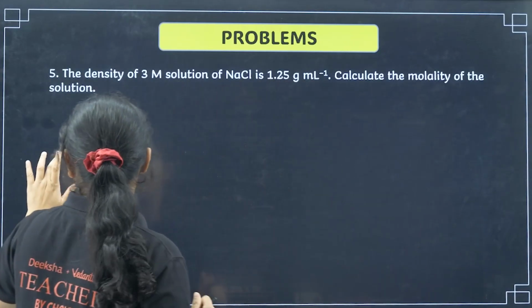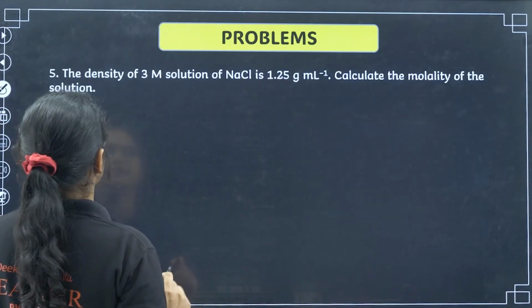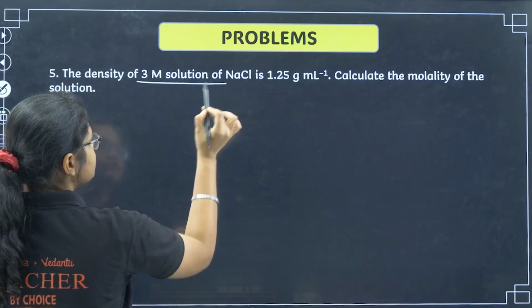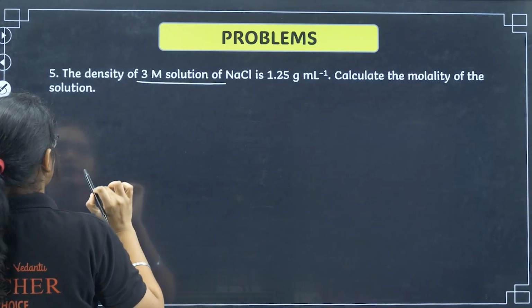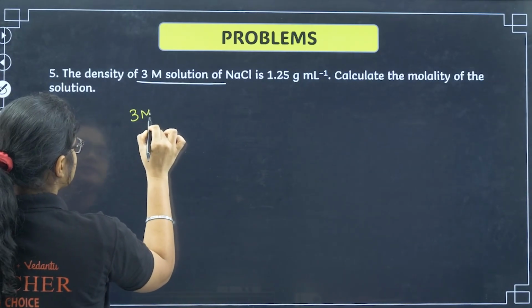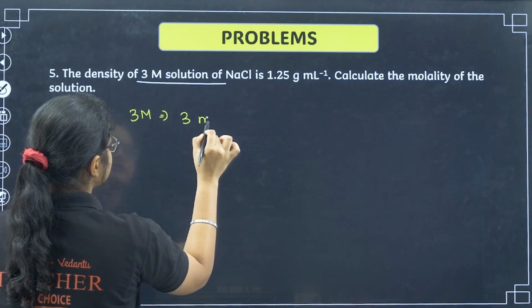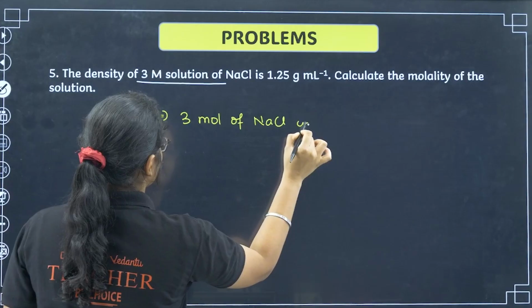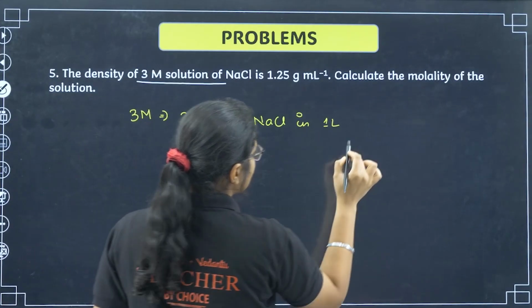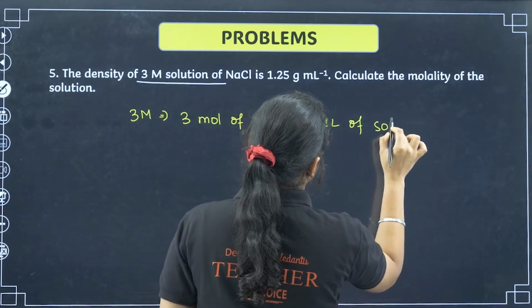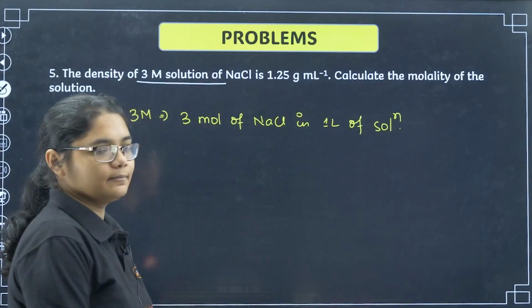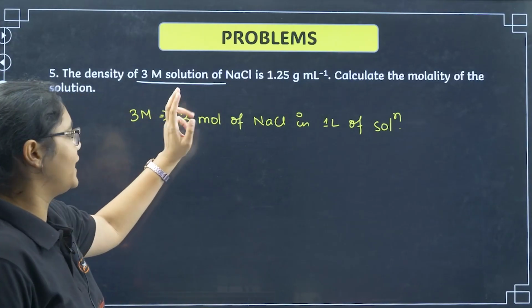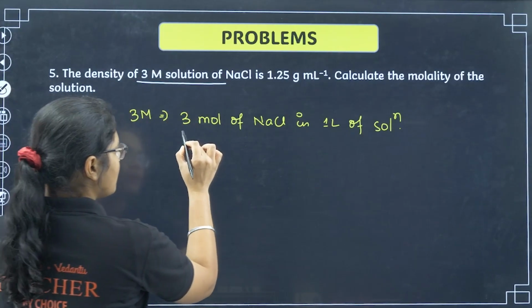Now here you see we have certain things to remember. 3 molar solution of NaCl, what does that mean? 3 molar means that I have 3 moles of NaCl in 1 liter of solution. Clear? This is the meaning of 3 molar NaCl.